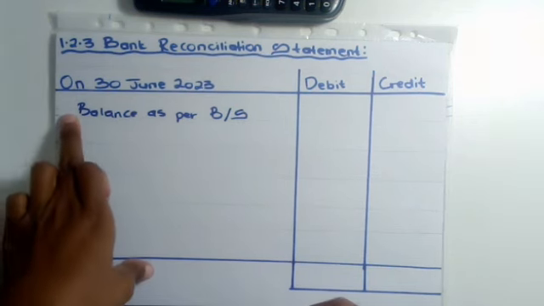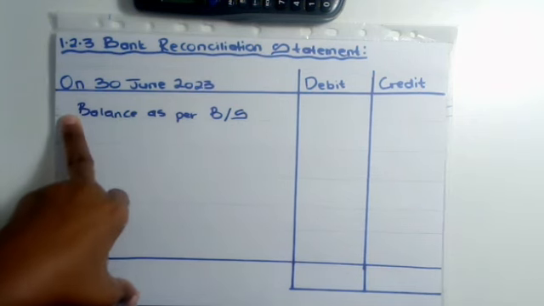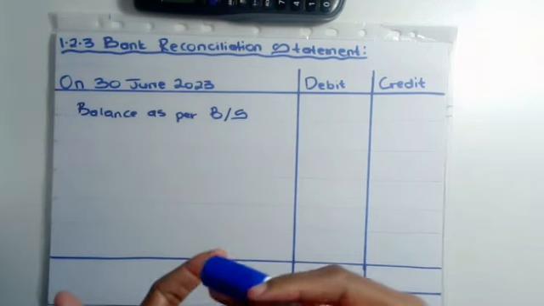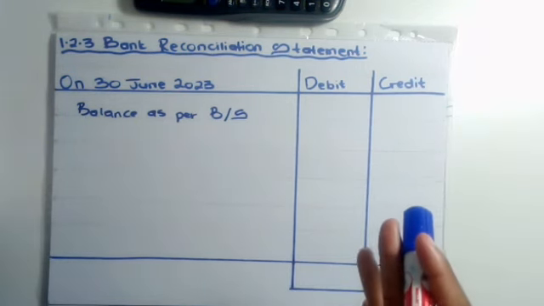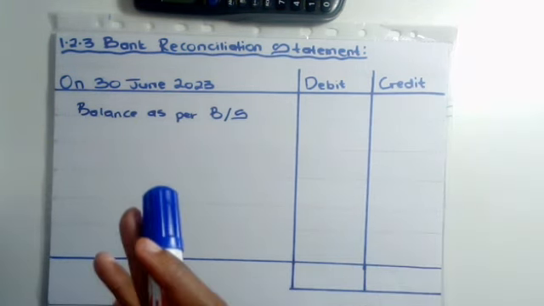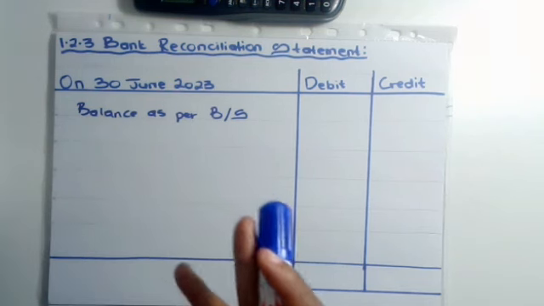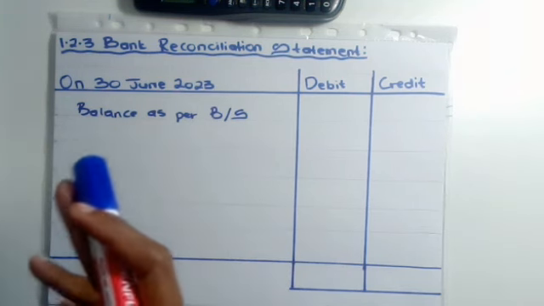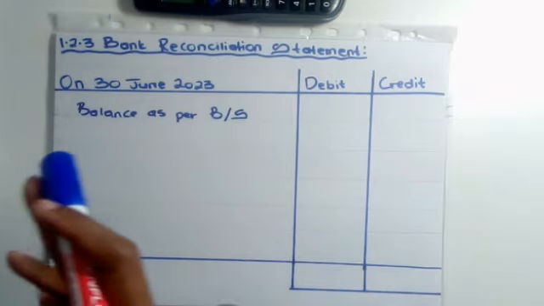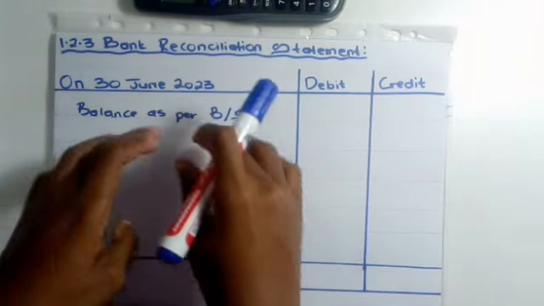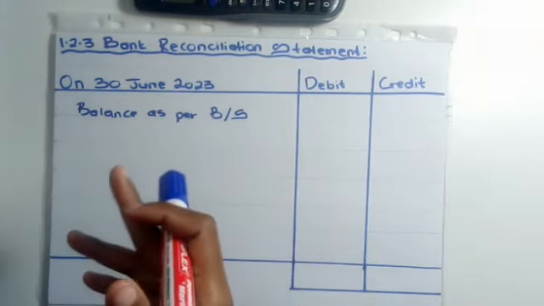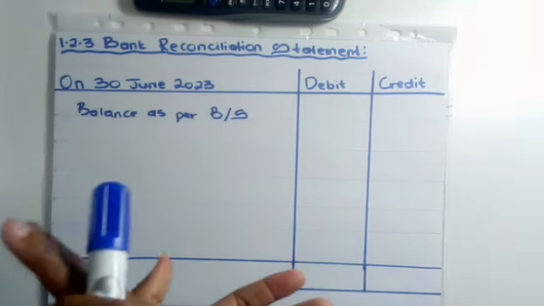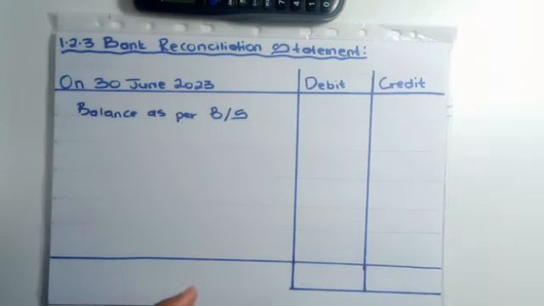I have left a little bit of space here because I don't know whether it's going on the debit or on the credit. Usually the balance as per bank statement is an amount that has to be given to you, or it will be a balancing figure. There is no other way this balance as per bank statement will come to you. It is either given to you or it will be a balancing figure.